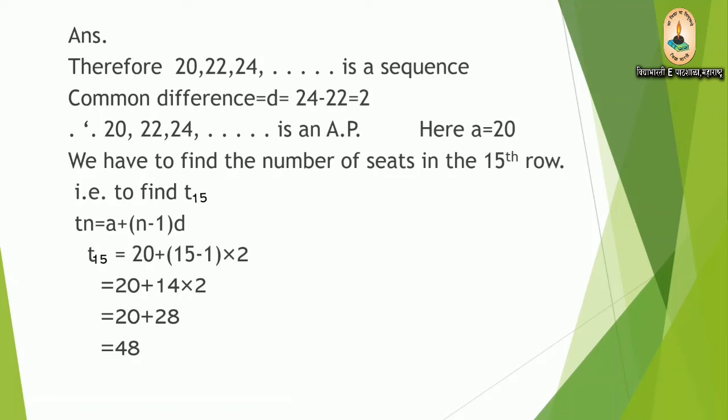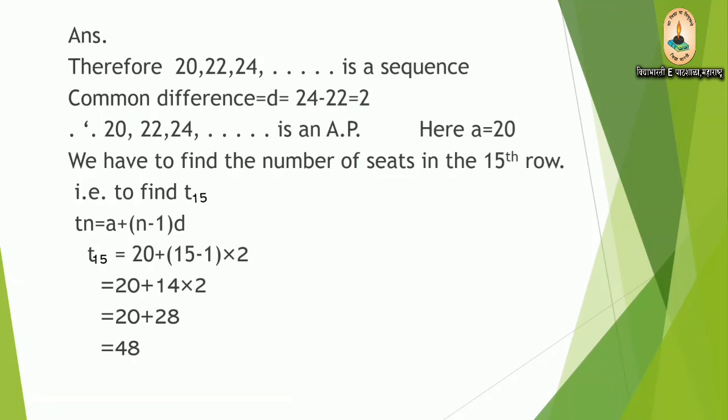We have to find the number of seats in the 15th row. That is to find T15. First we write formula of Tn. Tn equal to a plus n minus 1 into d. Then substituting the values of n, a and d, we get T15 equal to 20 plus 15 minus 1 into 2 equal to 20 plus 14 into 2.